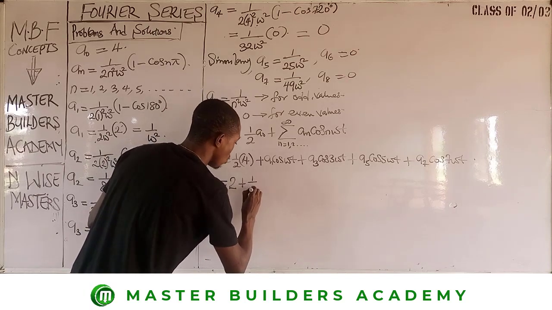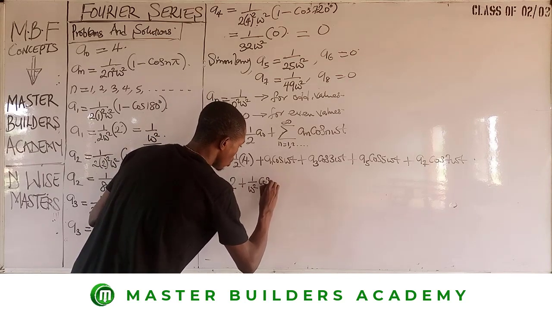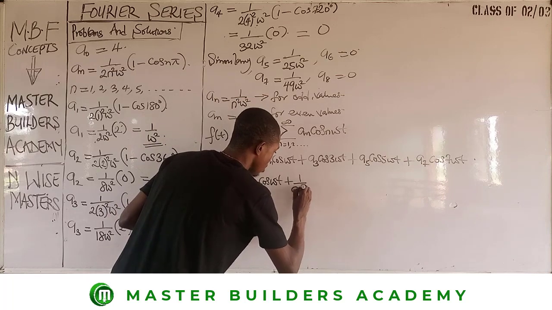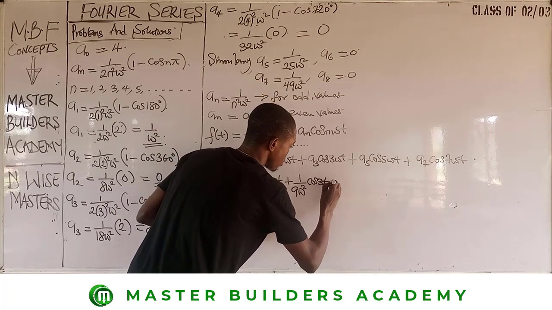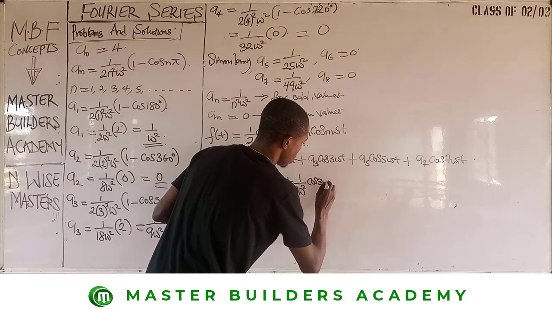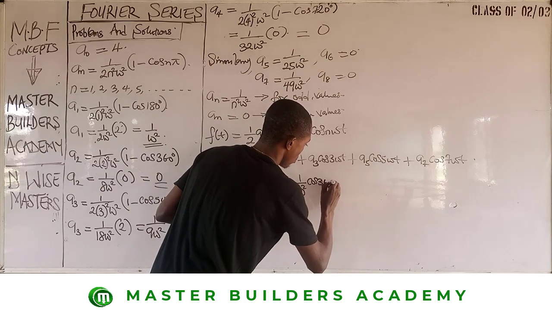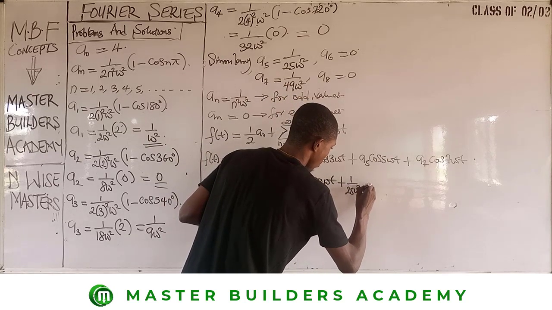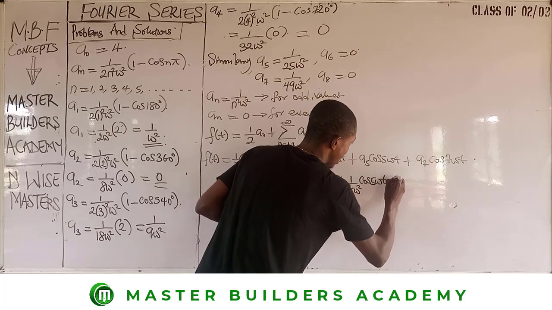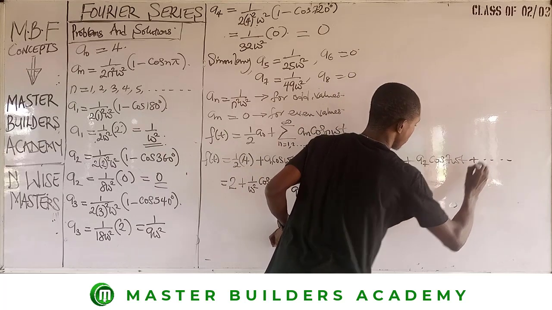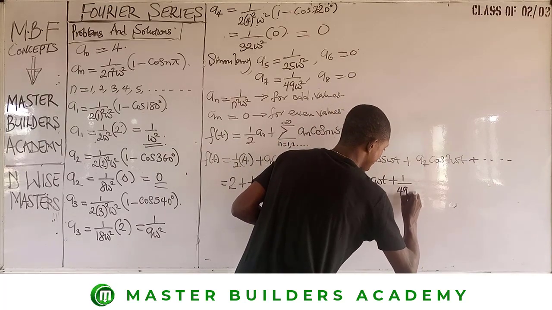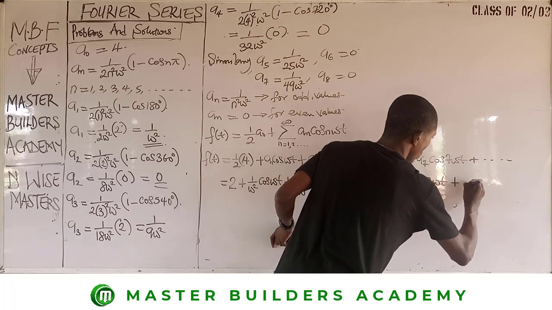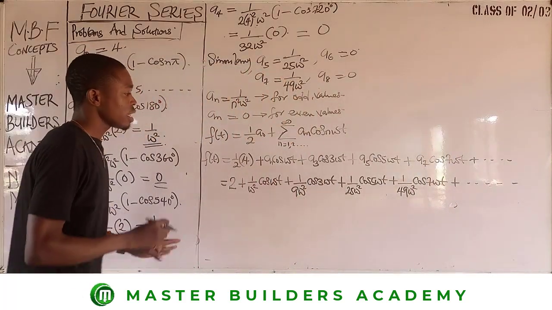What is a1? 1 over omega squared cos omega t plus 1 over 9 omega squared cos 3 omega t, then plus 1 over 25 omega squared cos 5 omega t plus 1 over 49 omega squared cos 7 omega t, plus the series continues. Then this is our answer.